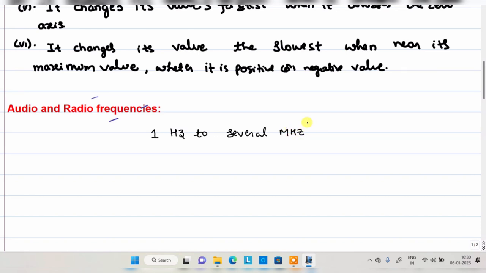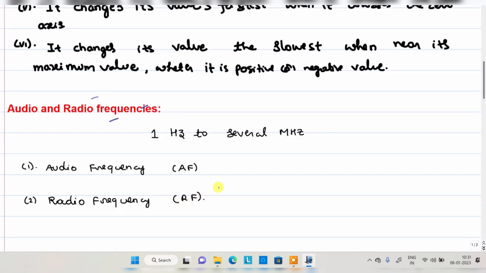In between, we can classify two categories. The first one is audio frequencies, we call it AF. Second one, radio frequency, that is called RF.